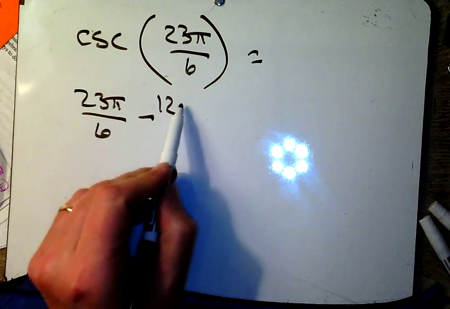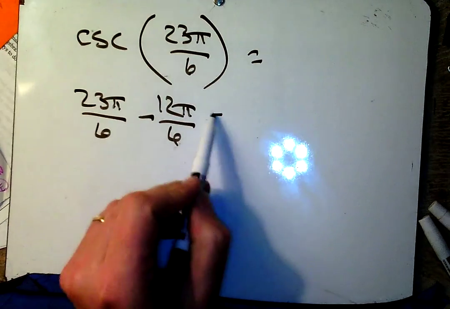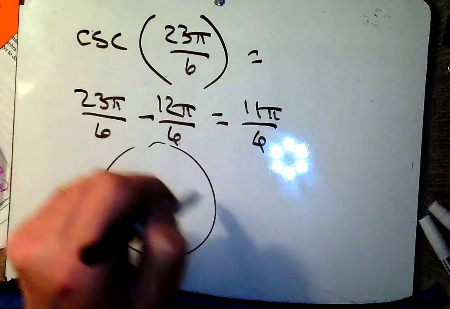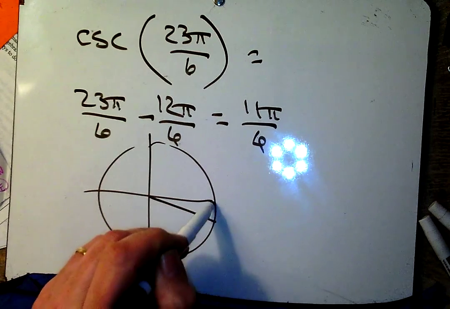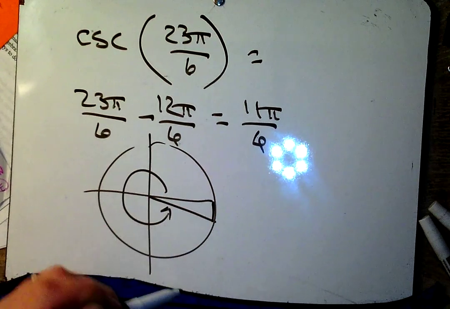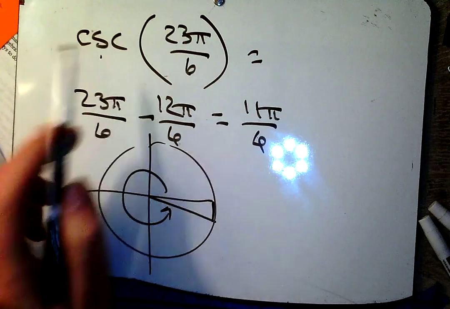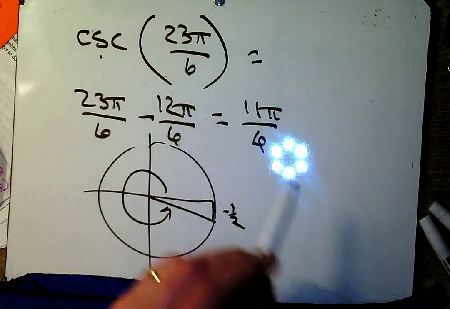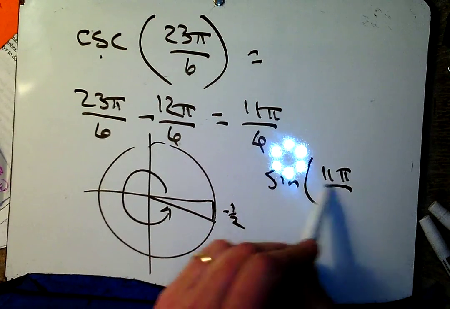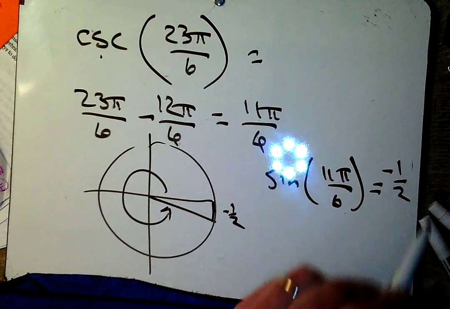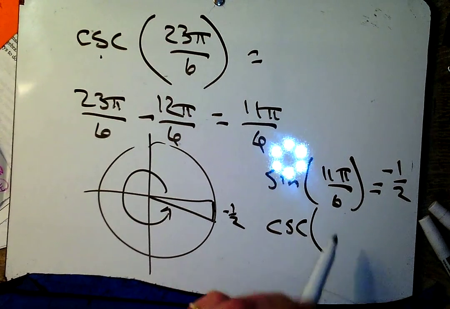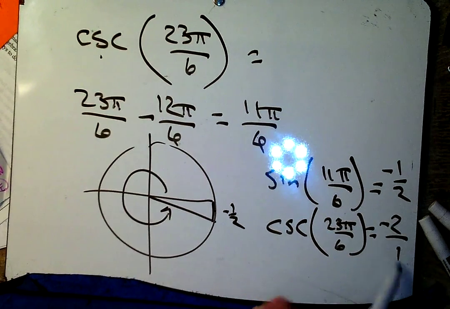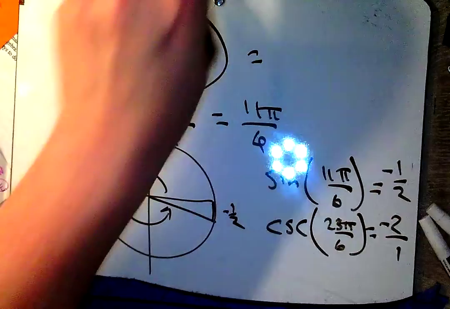You better subtract 2 pi, which is 12 pi over 6 in this case. So I have 11 pi over 6. Oh, I know where 11 pi over 6 is. It's this angle. Cosecant, that's the reciprocal of sine. Well, the sine here is negative 1/2. The sine of 11 pi over 6 is negative 1/2, which means that the cosecant of 23 pi over 6 will be negative 2 over 1. Okay?